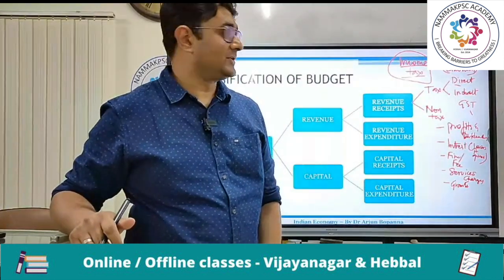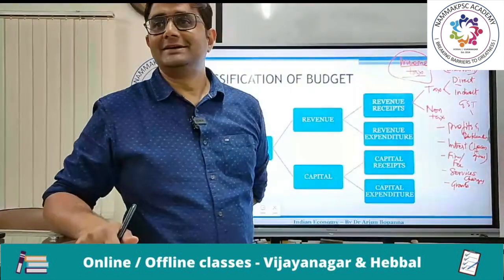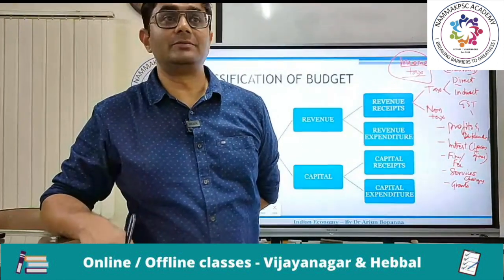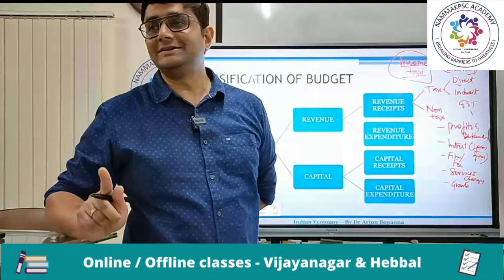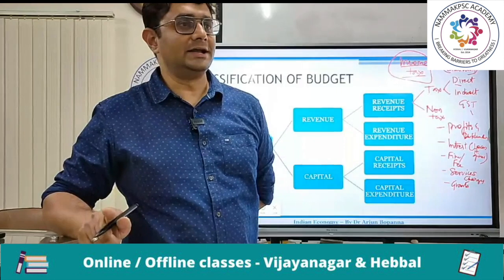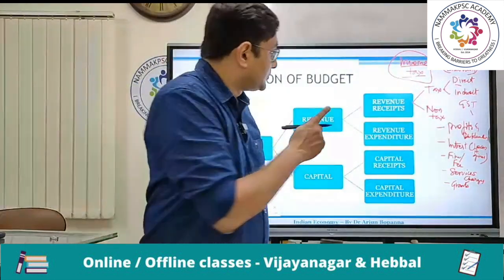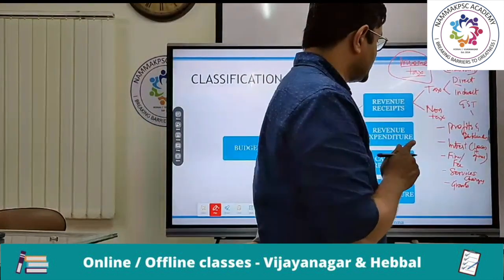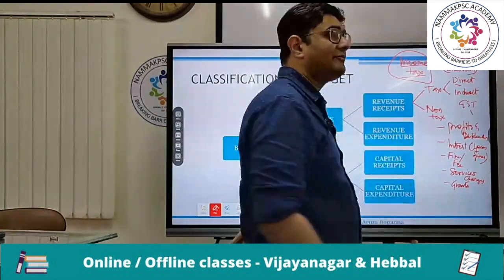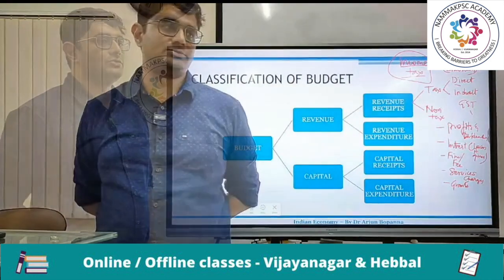So grants also are revenue receipts. Why? Because they are non-debt creating and do not reduce assets. So profits, interest, fines, fees, service charges, grants, these are all part of revenue receipts.